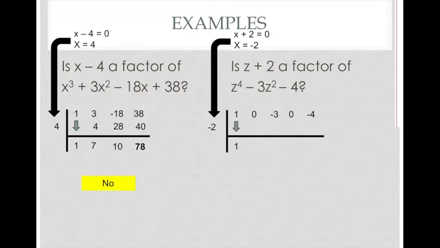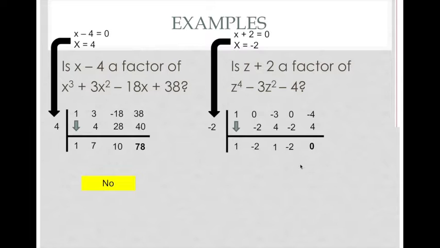Now I'm going to bring down my first coefficient, 1, and multiply -2 times 1, which is -2. 0 minus 2 is -2. -2 times -2 is 4. -3 plus 4 is 1. -2 times 1 is -2. 0 minus 2 is -2. -2 times -2 is 4. -4 plus 4 is 0.